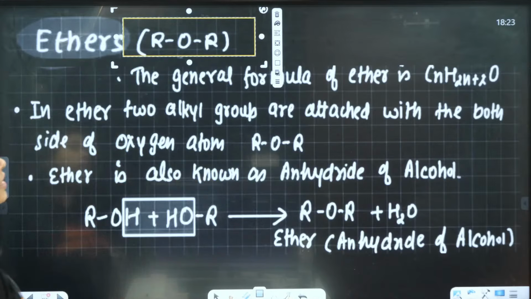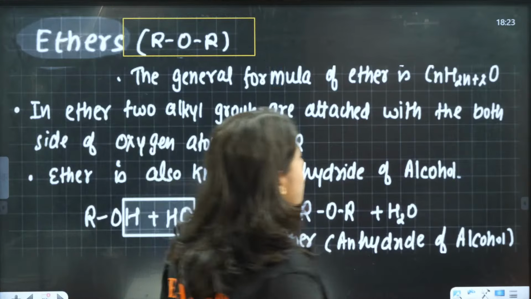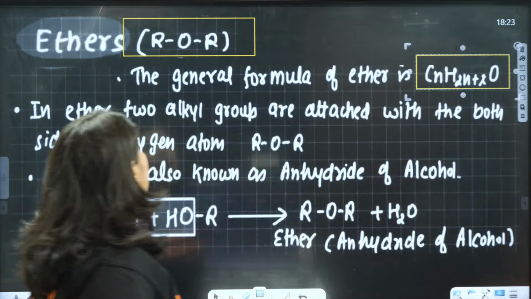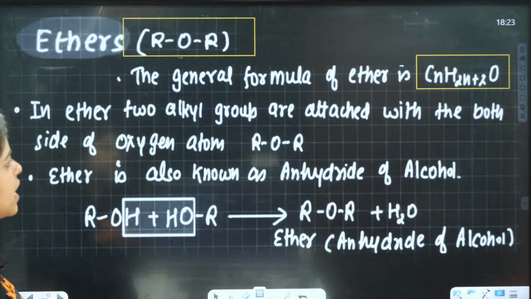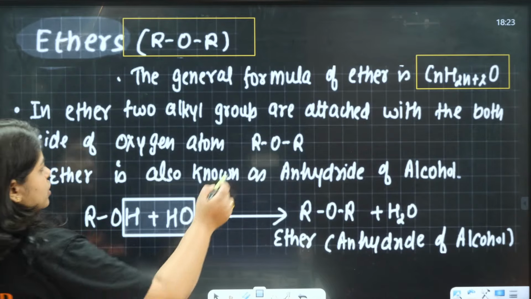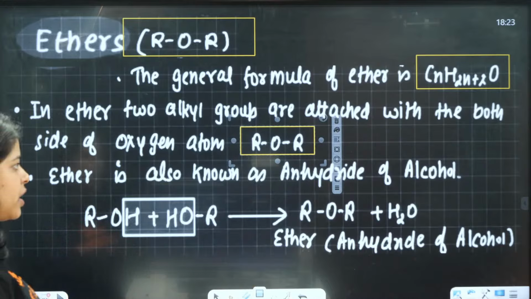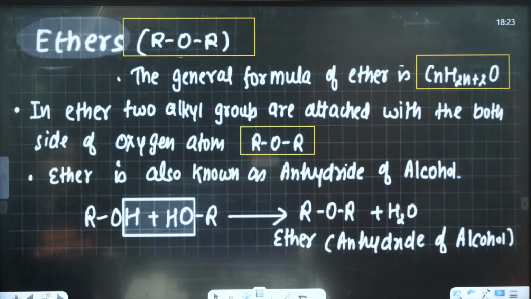Okay, the general formula of ether is CnH2n+2O. And in ether 2 alkyl groups are attached to both sides of the oxygen atom, that is ROR. Clear? Ether is also known as an anhydride of alcohol.